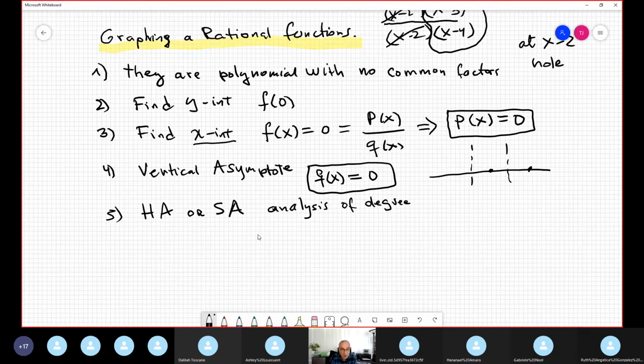Degree at the top, degree at the bottom. If it's the same, it's the regular case. When the degree at the bottom is bigger than the top, it's the special case of y equals 0. Otherwise, we have no horizontal, we have a slant, when the degree of the top is bigger by 1 than the degree of the bottom. In general, I summarize this information with the phrase analysis of degree.